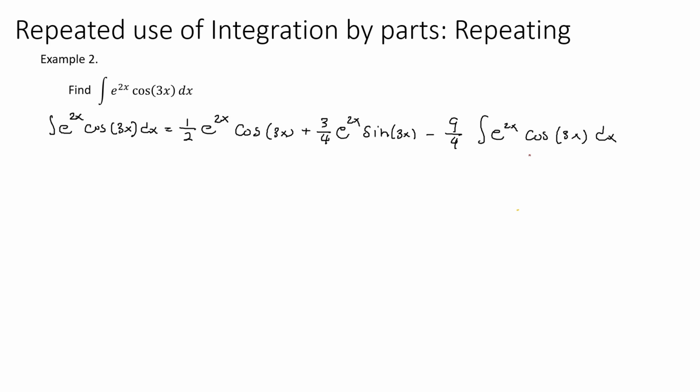So since these two terms are the same term, just don't forget this is 1, an imaginary 1 there, right? We're going to add 9/4 of the integral of e to the 2x cosine of 3x to the other side.